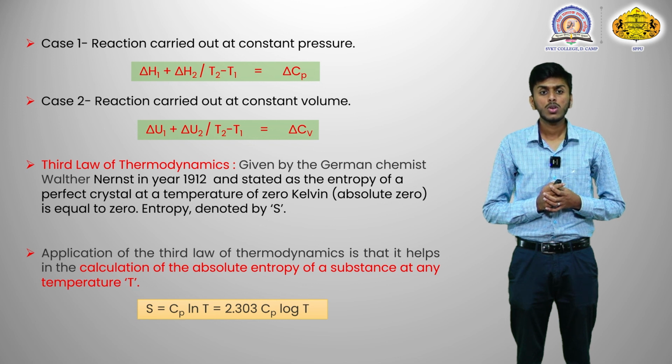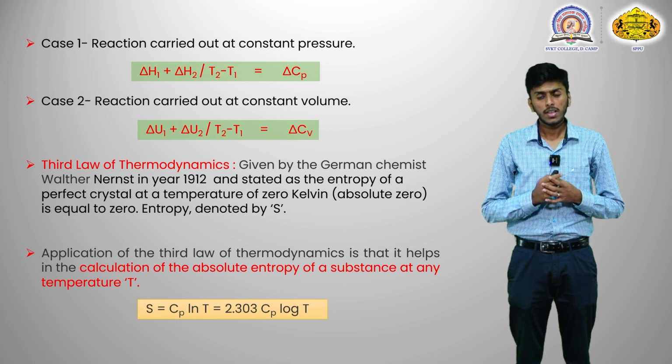Student, we also saw the third law of thermodynamics. This law was given by the German chemist Nernst in 1912 and states that the entropy of a perfect crystal at a temperature of 0 Kelvin is equal to 0.